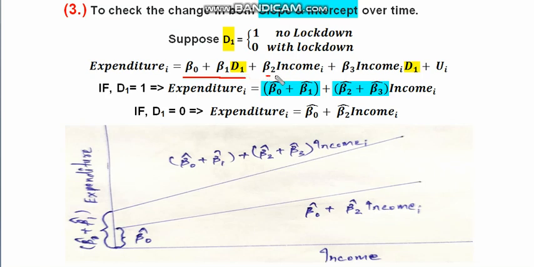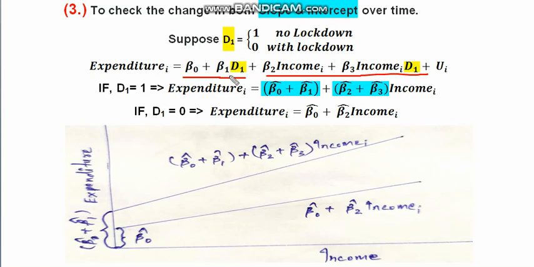Now in your second equation, beta 2 income plus beta 3 income d1. So this d1 indicates we are making use of the dummy variables to check whether there is any impact of these two different attributes on your income or not. So that's how we have to be smart enough to include the dummy variables in our multiple regression model.